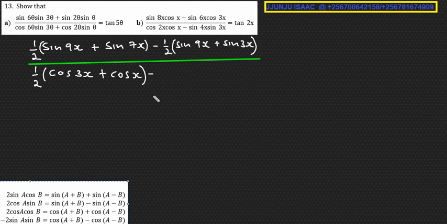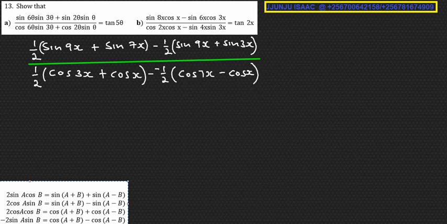Now sine, that is going to be negative a half. Remember sine, we take negative to sine, which is cos. So now we shall get cos, add them, you get 7x, then minus cos, subtract them, which gives you x.